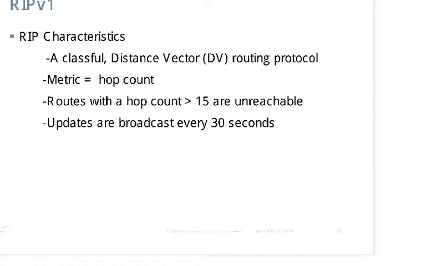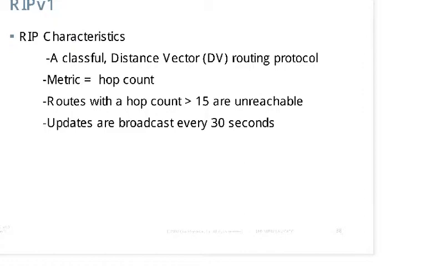Okay? That doesn't mean that routing tables will not have a subnet mask. That doesn't mean that the RIP routing protocol does not deal at all with classless addresses. I didn't say that. But the definition is it does not send the subnet mask as part of the route update. Okay?